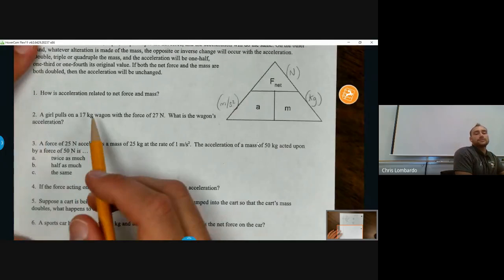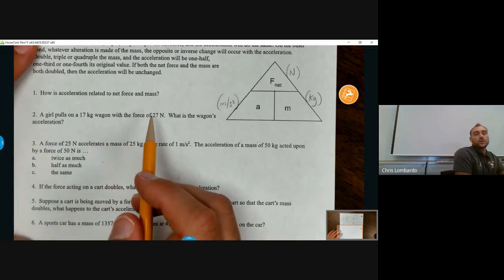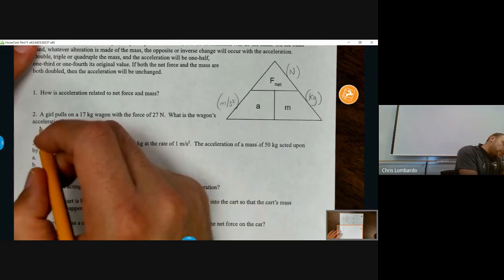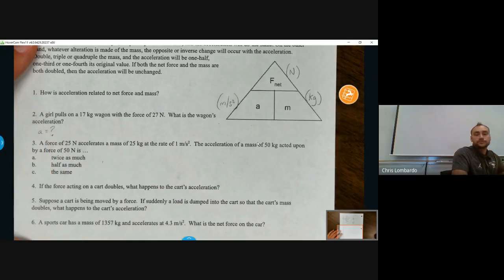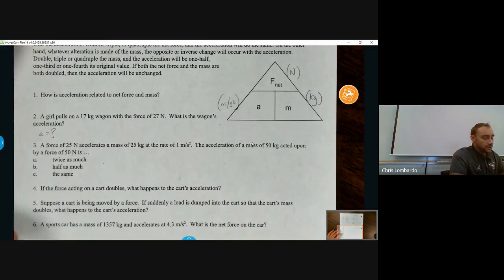So a girl pulls a 17 kilogram wagon with a force of 27 newtons. What is the wagon's acceleration? They want the acceleration, they want A. How do I do that?